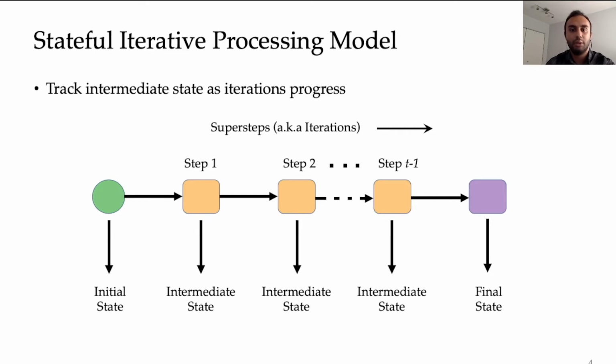And remember, graph computations are iterative. So we have an initial state, which usually is the initial vertex values, and then as values are exchanged between neighbors in each iteration, we have the intermediate state on each vertex. As you can imagine, stateful iterative processing would have a very large memory footprint.